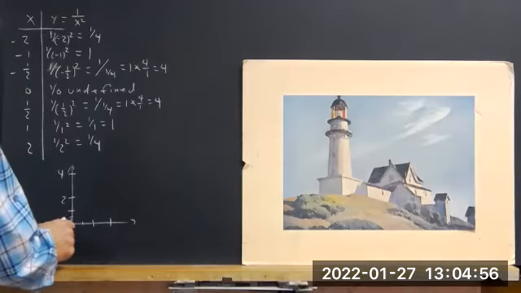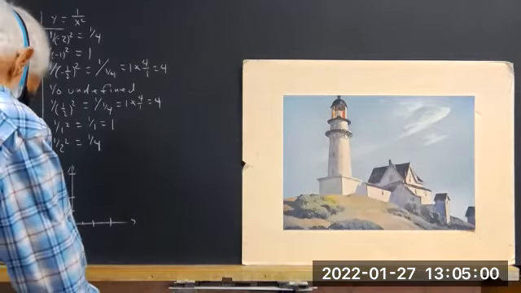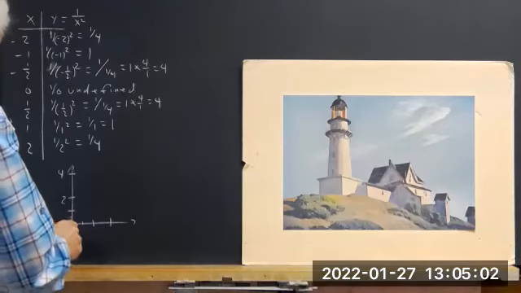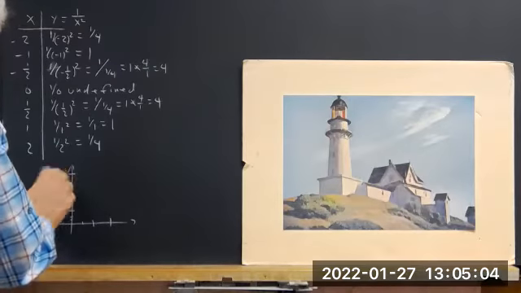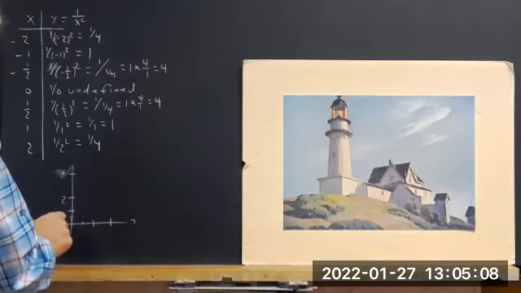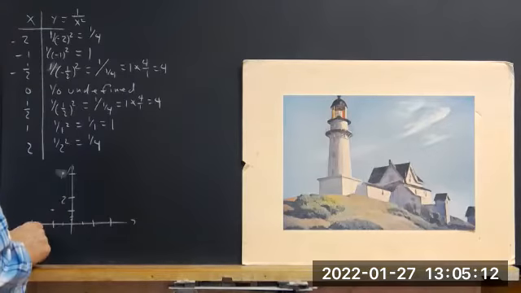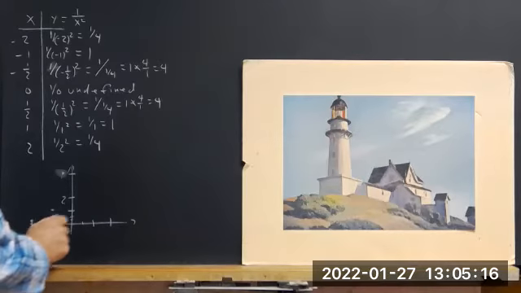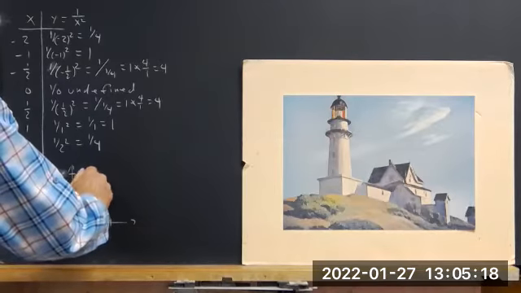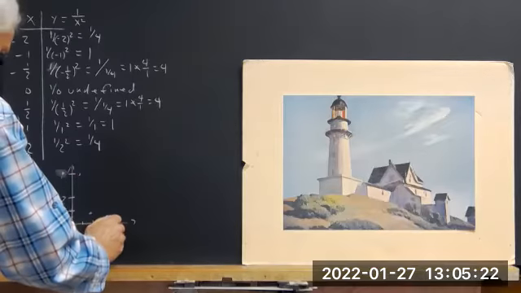So our points are going to be 1/2, -1/2, 4, 1, 1, and -1, 1, and -2, 1/4. And similarly here, here, and here.